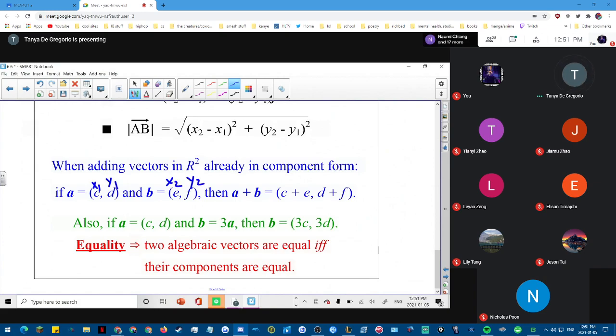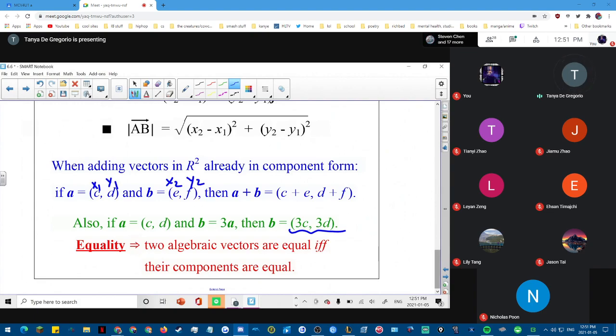Also, if vector A is equal to C comma D and B is equal to 3 times A, then B is equal to 3 times C and 3 times D. Notice both your components get multiplied by 3. And this is why when we were talking yesterday about adding vectors together, we said they have to have the same coefficient.